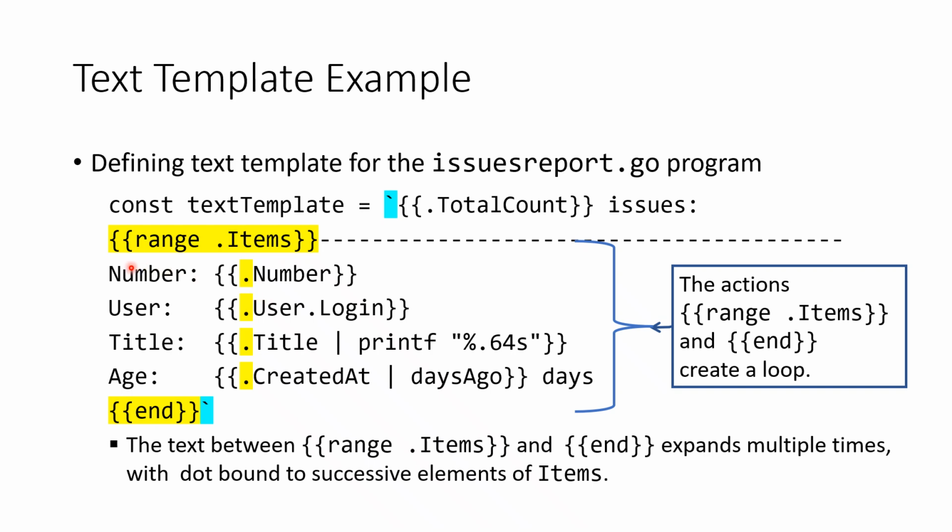Note that the pair of actions range .Items and end create a loop. The text between the range .Items and end expands multiple times with the dot bound to successive elements of the Items array. Recall that Items is a JSON array that is in the output of the GitHub issue tracker program.